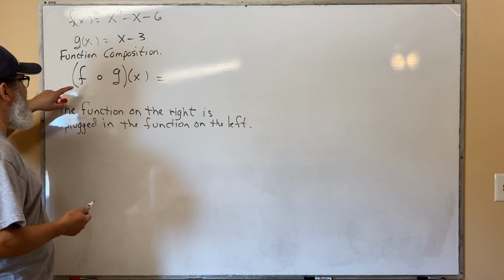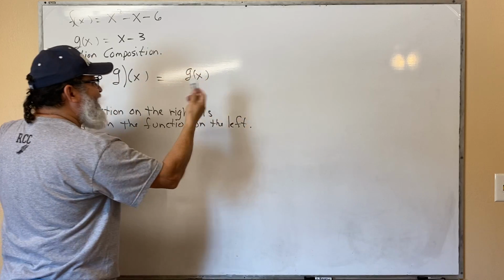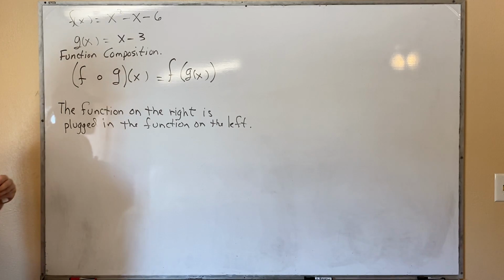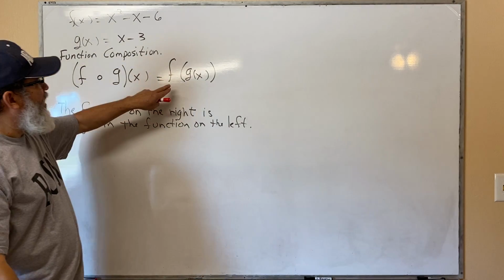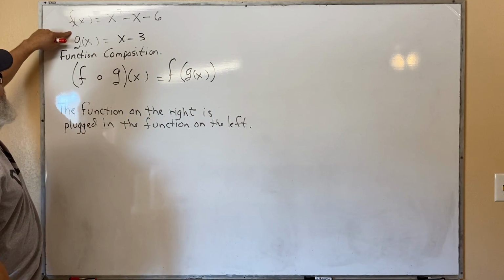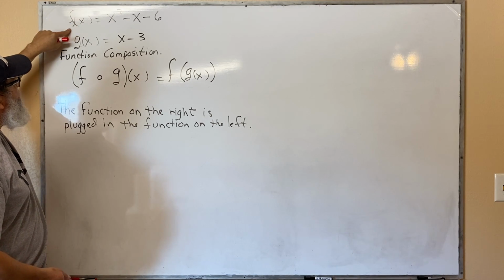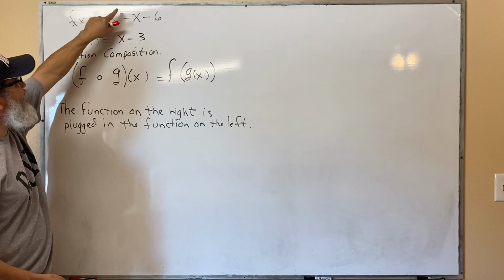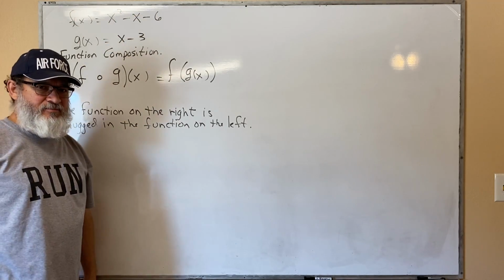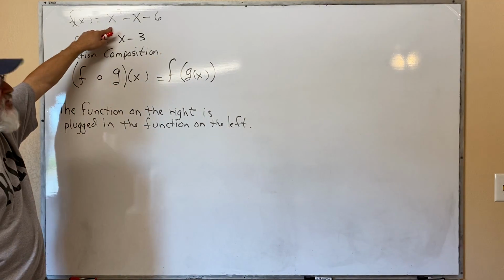So therefore, it's like this, look. This g is plugged in f. Okay. F is going to take g. What does f do to anything that you plug in? F takes whatever you plug in, squares it, subtracts 6. Whatever you plug into f, this is what it does.